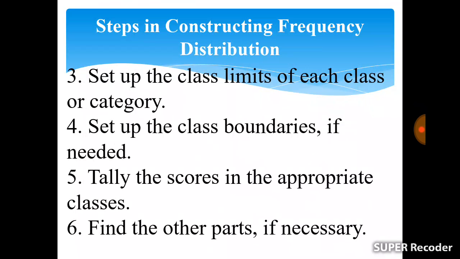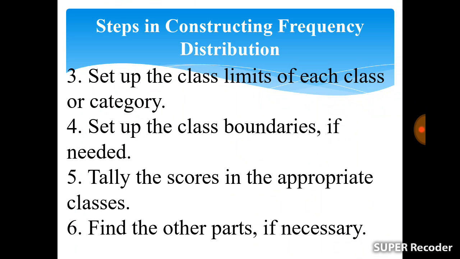Another step in constructing a frequency distribution is to set up the class limits of each class or category. It's up to you to determine what will be the lowest number and the highest number for each category.